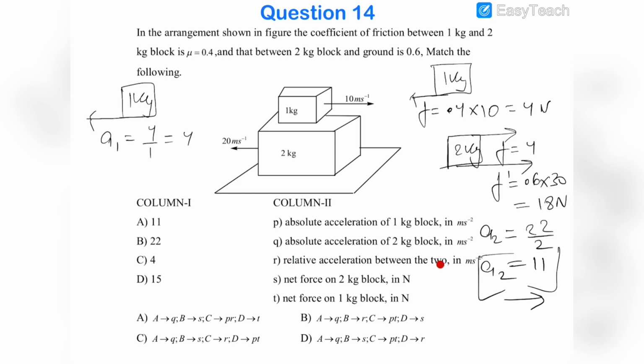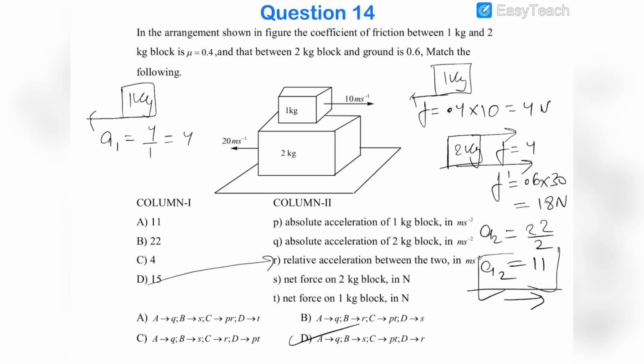Relative acceleration of the two blocks is obviously 15, so the correct option for D is R, and the net force acting on the 2 kg block will be 2A. Net force is equal to MA, so net force is 2A, so it is 22. So the correct answer of D is R, and therefore we can directly say that the correct option is D.